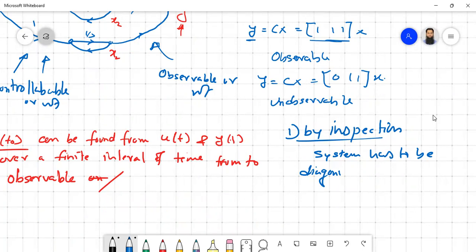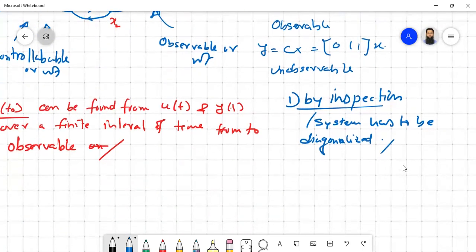It is also not reliable, as we saw in controllability, because of multiple poles. It may happen that by inspection the system seems not observable, but in real life it can be observable. That is why we have something similar to the controllability matrix, known as the observability matrix.